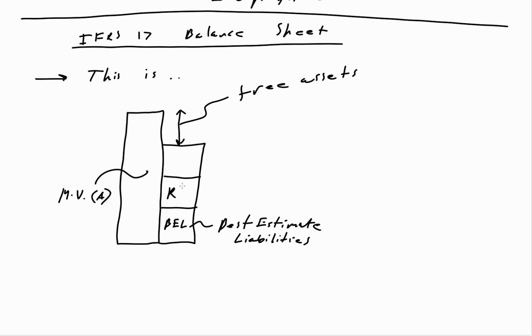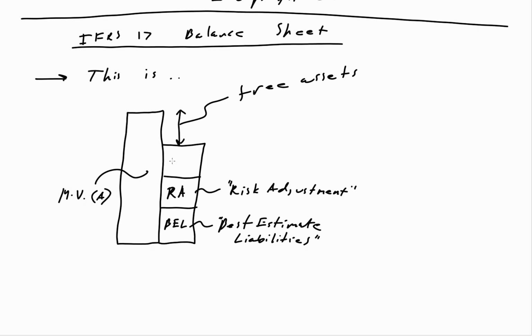Then we get something called RA. So this is the risk adjustment. So sounds a bit like risk margin in Solvency II, but is different.